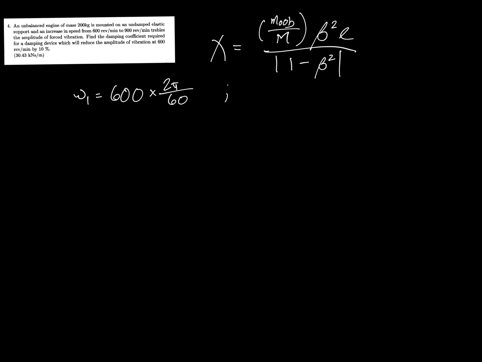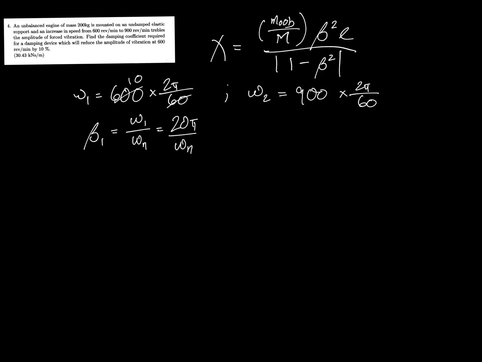We have also got omega 2 at 900 RPM. So beta 1 is omega 1 over omega n, the natural frequency of the system, which is equal to 20 pi over omega n.